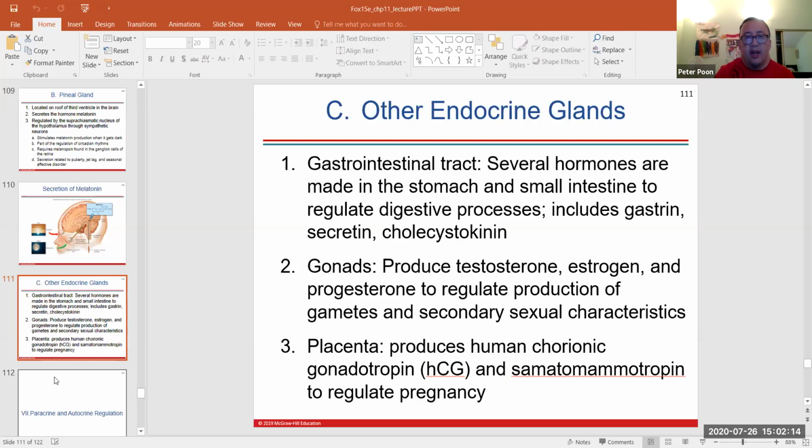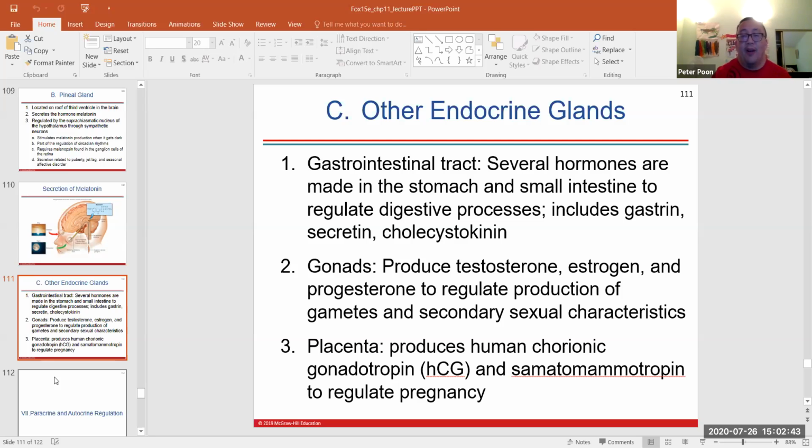The other endocrine glands. The GI tract secretes gastrin and CCK. These hormones control digestion, and I'm sure we'll talk about that when we talk about digestion. The gonads, in males, produce testosterone, and females produce estrogen and progesterone.